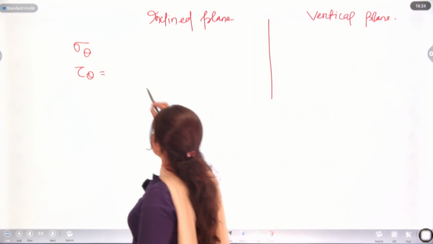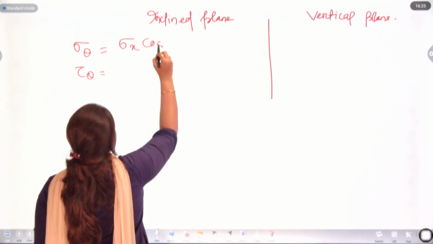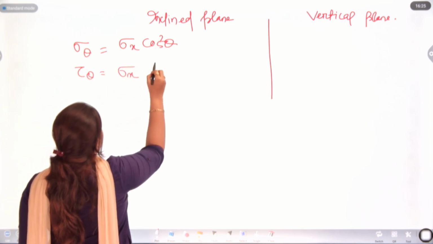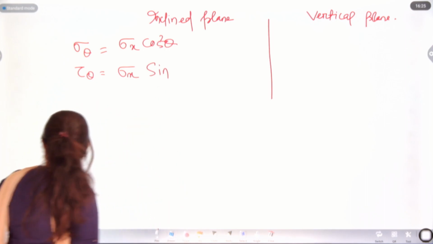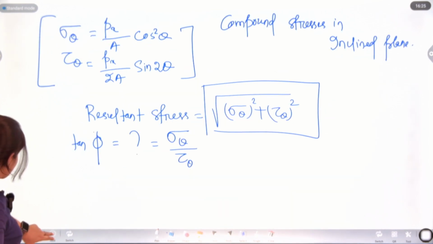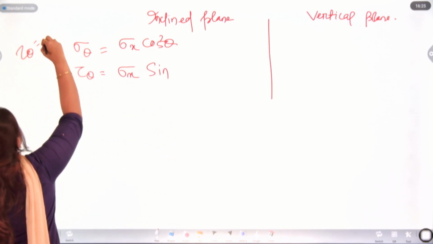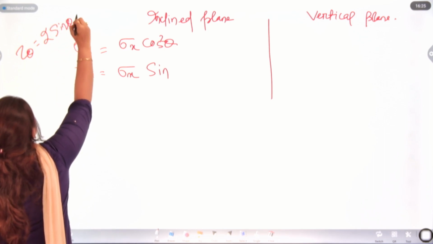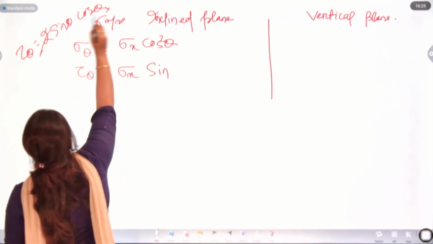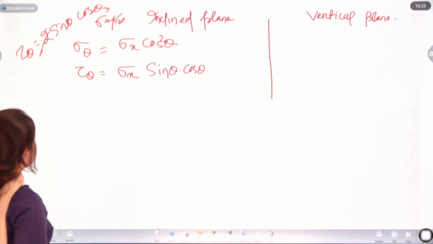Sigma theta for the inclined plane will be sigma x cos square theta and tau theta will be sigma x by 2 sin theta into cos theta, that will be sin 2 theta.